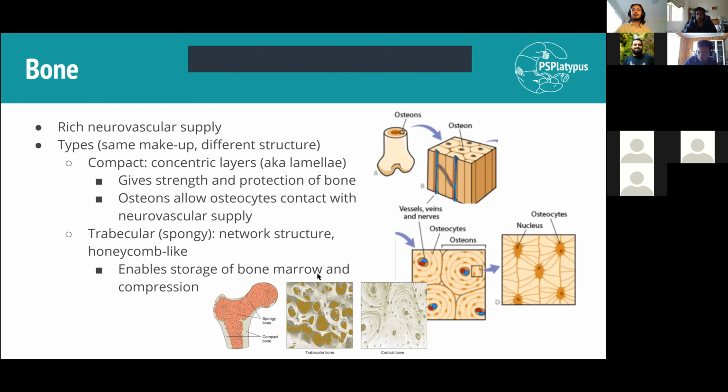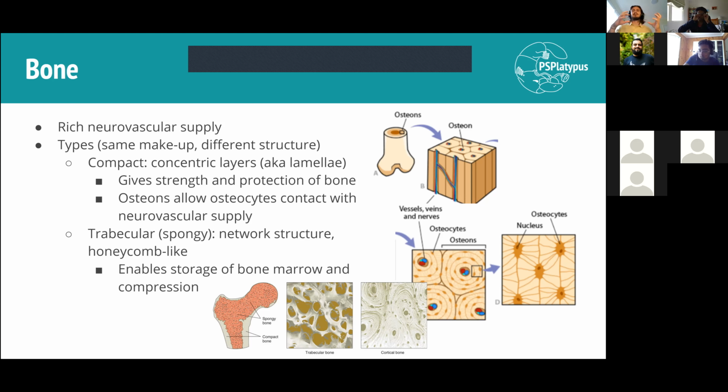And then you can see the compact bone is much more compact. There's less empty space between the cells, the osteocytes. Compact bone is made up of concentric layers, as you can see in these diagrams.